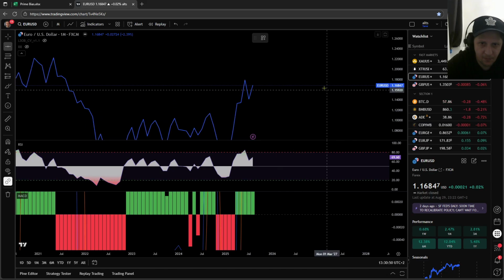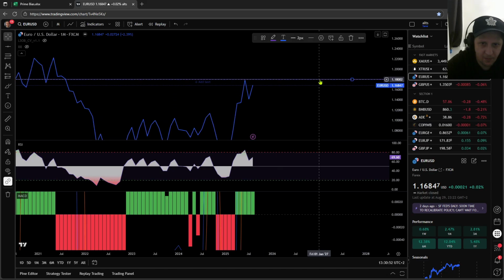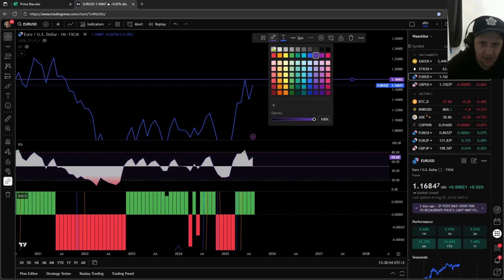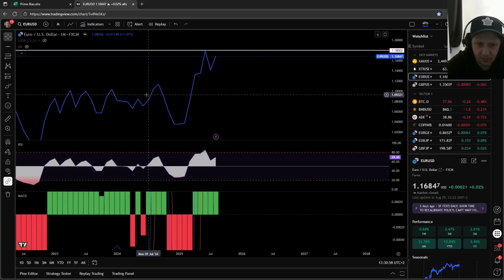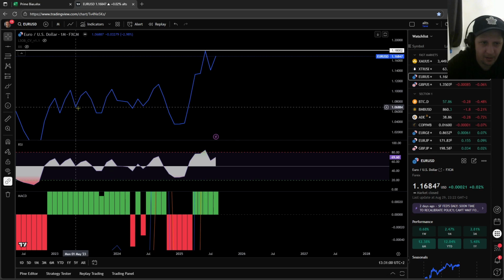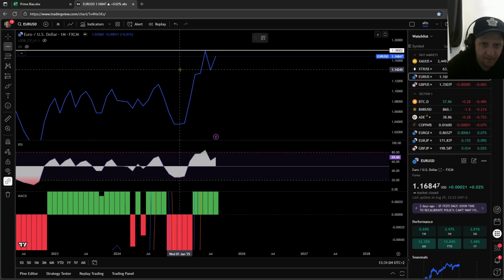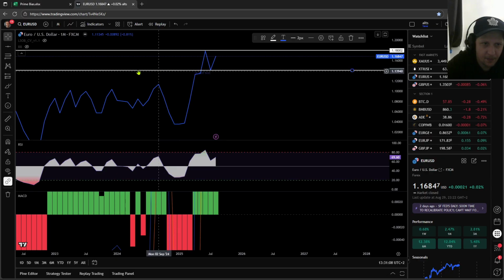I make that one white. So like here, but I will take this one for the monthly. This area. Resistance, support.